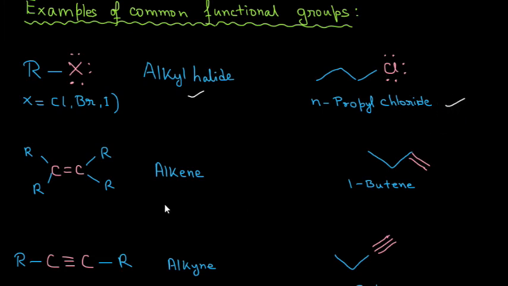Here a double bonded carbon atom, so all the red are denoted as the functional group. So double bond, so alkene. Name example is butene.